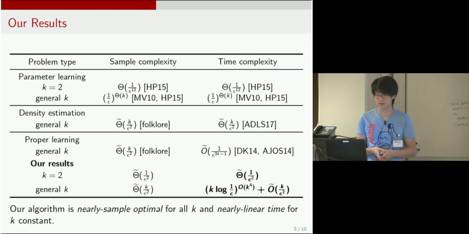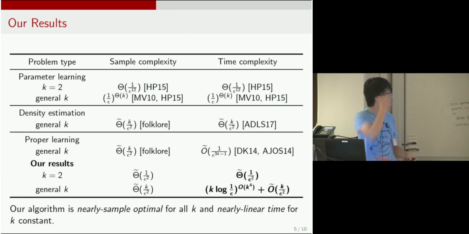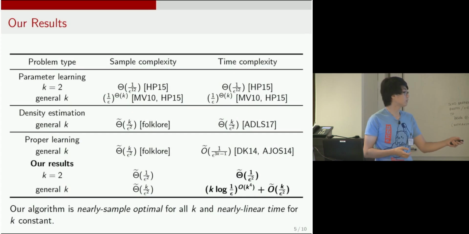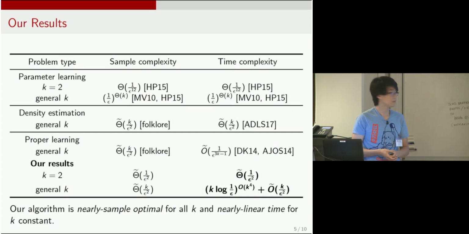It's k over epsilon squared, which is obviously much better. Moreover, the time complexity is also great. In a recent paper, joint with Jayadev Acharya, Ilias Diakonikolas, and Ludwig Schmidt again, we showed there's an algorithm which runs in time linear or nearly linear in the number of samples we take. So in some sense, density estimation of k-GMMs, at least in one dimension, is more or less solved, because there's an algorithm which is simultaneously sample optimal and nearly linear time.